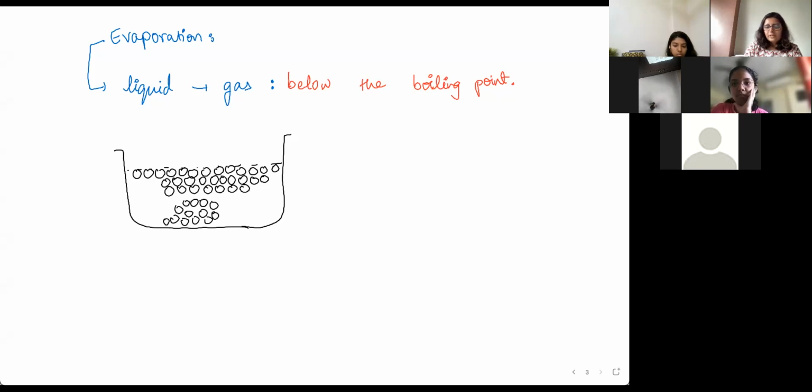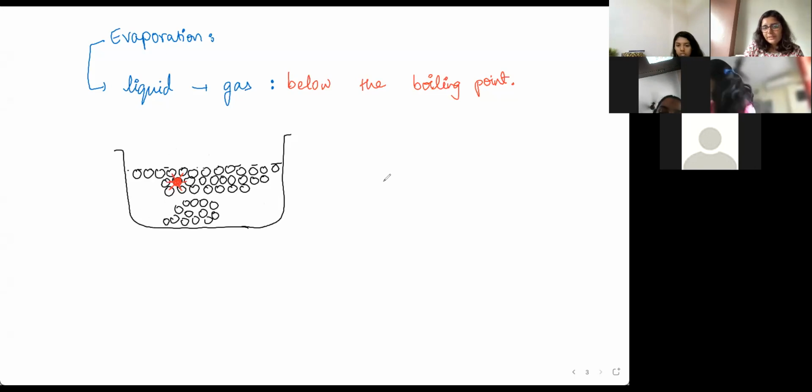Now all the particles experience, हर एक particle के बीच में you have intermolecular forces of attraction. If I focus on this particular particle, it has forces between these two particles, these two and these two.